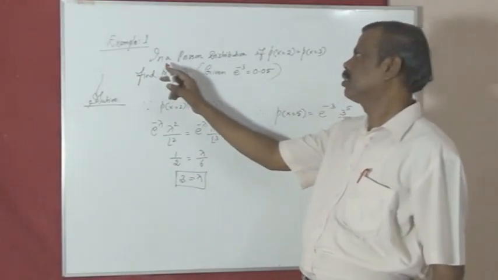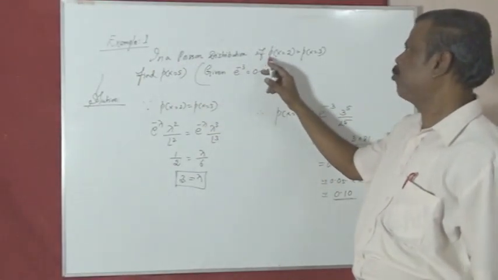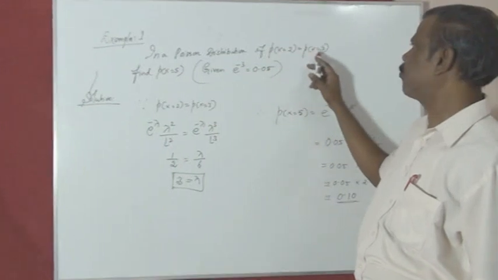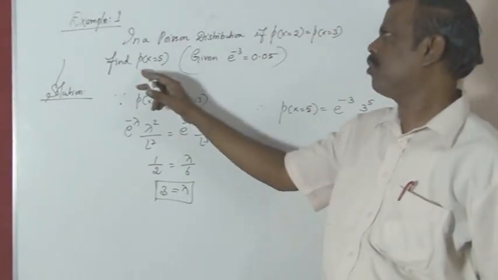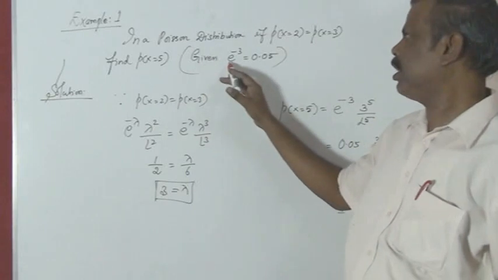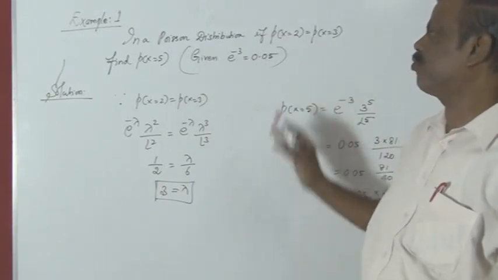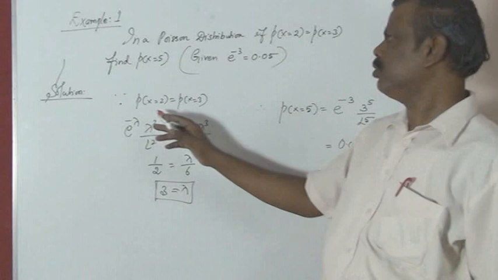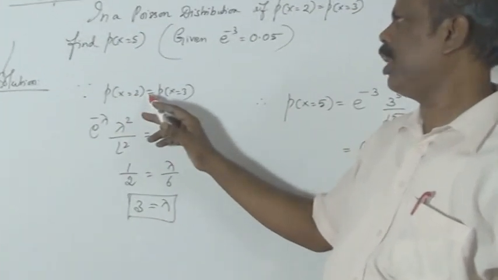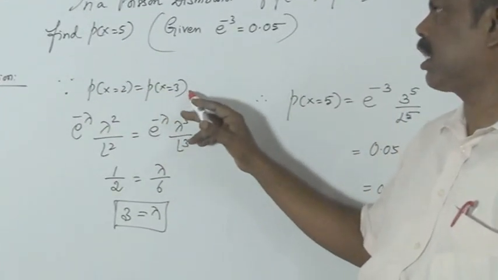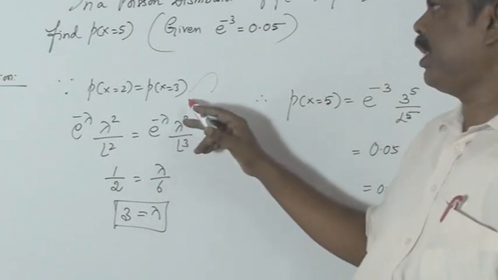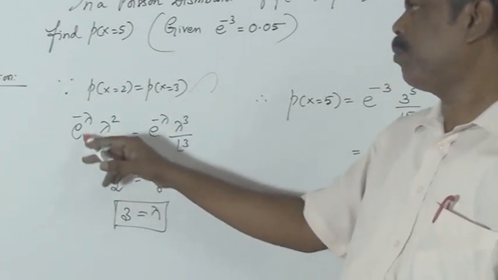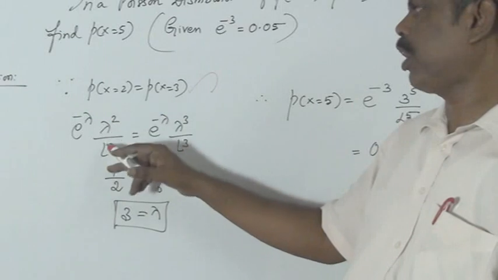Example 1. In a Poisson distribution, if P of x is equal to 2 equals P of x is equal to 3, find P of x is equal to 5. Given e power minus 3 is equal to 0.05. Since P of x is equal to 2 equals P of x is equal to 3, this is a given condition. So applying the Poisson distribution, e power minus lambda, lambda square by factorial 2.